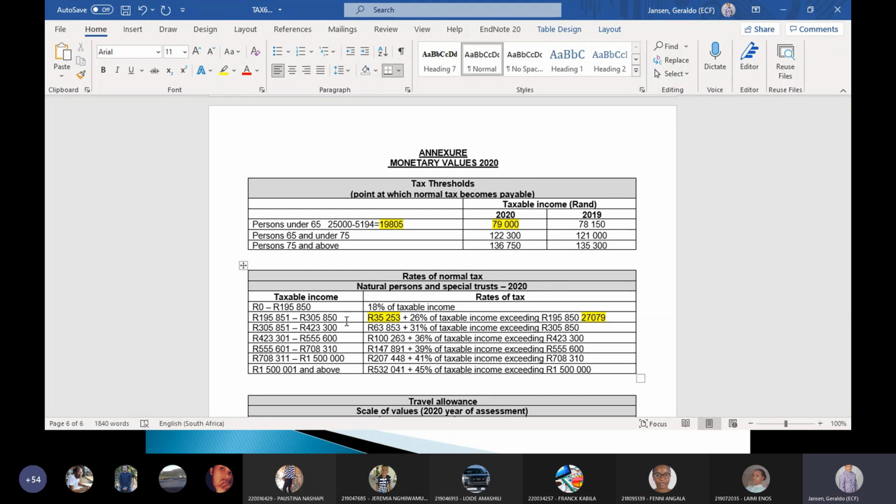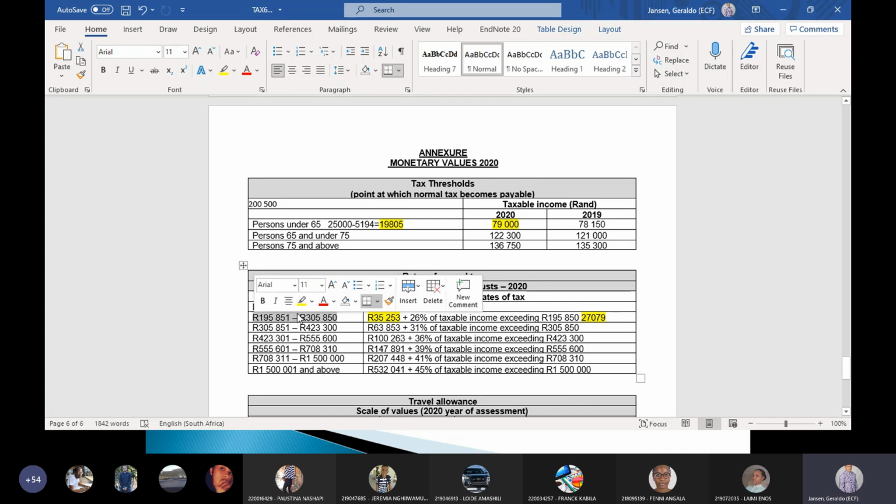Let's do that one quickly for the sake of time. He said, what if my salary is 200,500 per annum? So what will we do? Step one, we will look at where 200,500 falls, and I can see it falls in this bracket again. Why? Because this bracket says between 195,851 and 305,850.